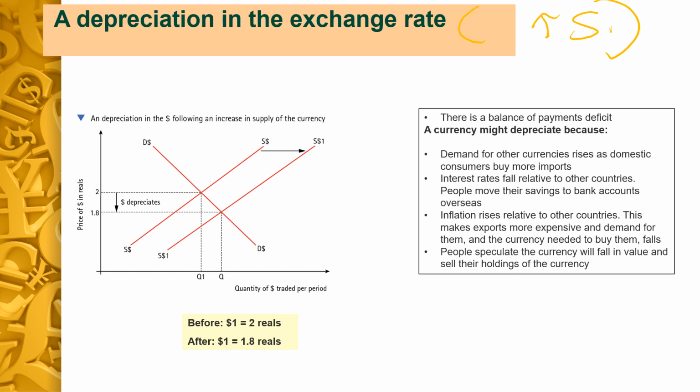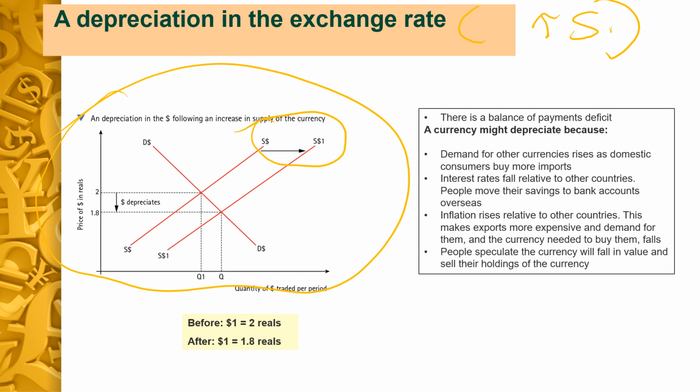So at that point, the importer loses and the exporter is the one that gains. So here, let's have a look at the graph. It shows a depreciation in the dollar following an increase in supply of the currency. As you can see, there was an increase in supply of the dollar. Here it is better to buy cars from the US because 1.8 reals are equal to $1.